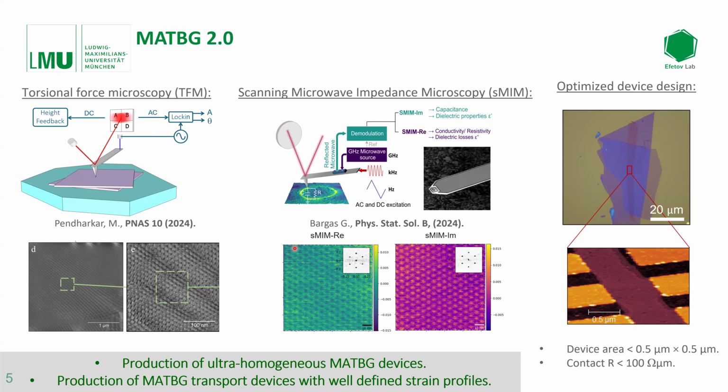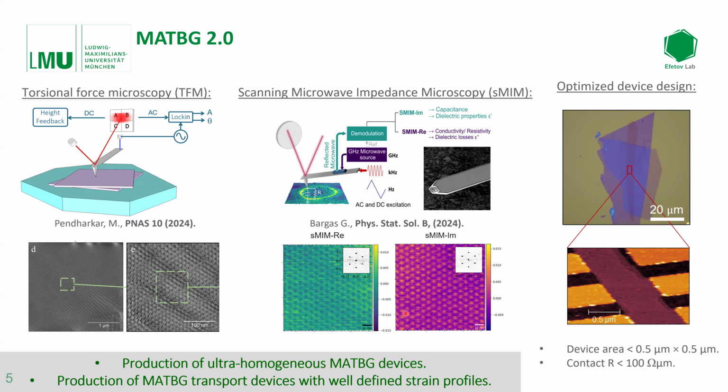It shouldn't be too thick, otherwise the imaging is quenched. But if it's, at this point, 3 to 5 nanometers thick, you can actually image the moire through the HBN with this technique.